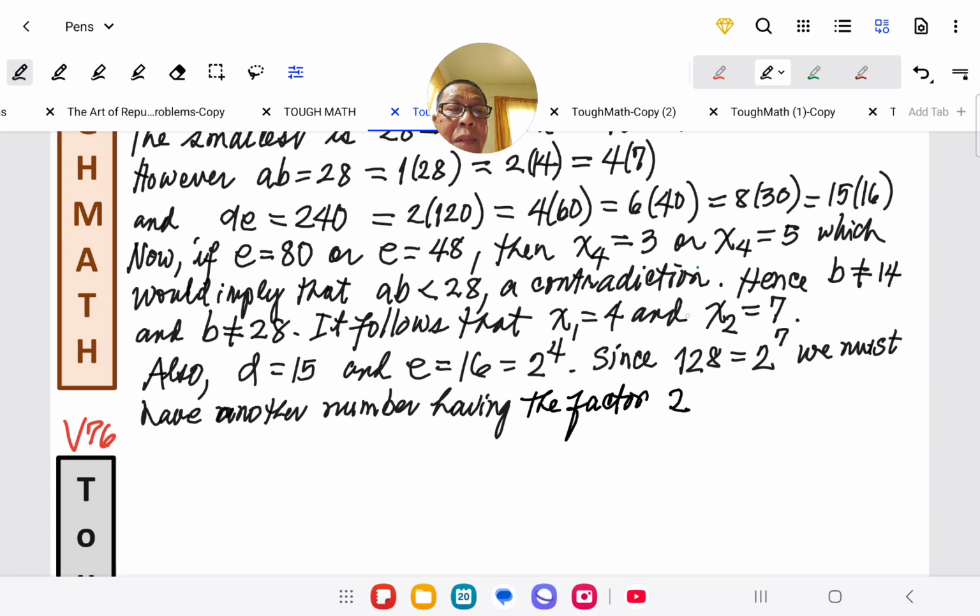Because A is 2 squared. Sorry, this is not x sub 1 but A. This one is A and this one is B. Okay, this one is not x sub 4. Sorry for this confusion. This is D, and this one is also D.